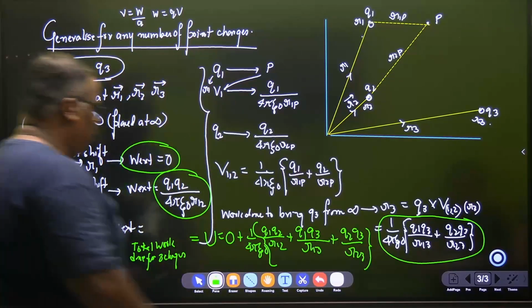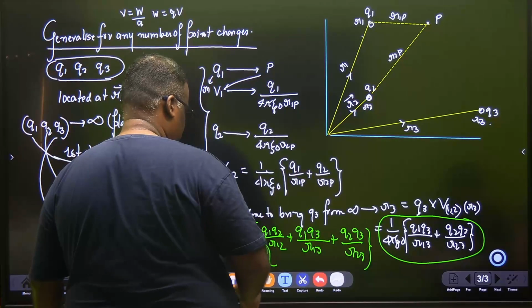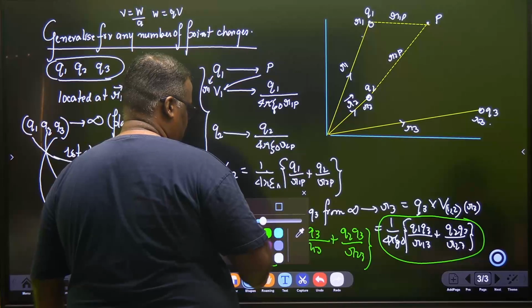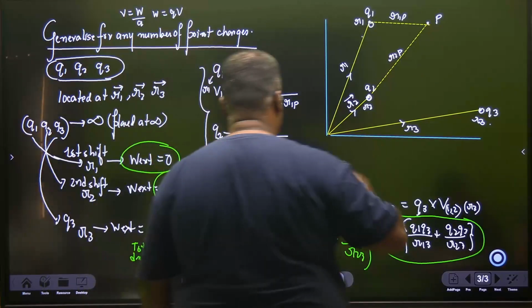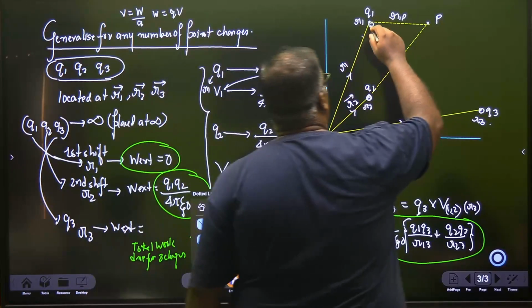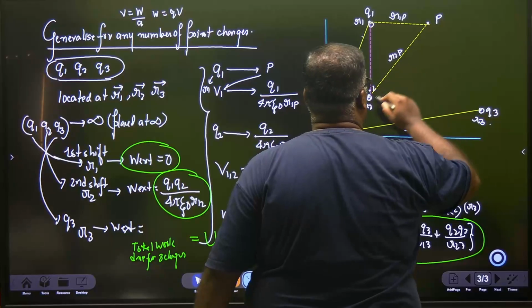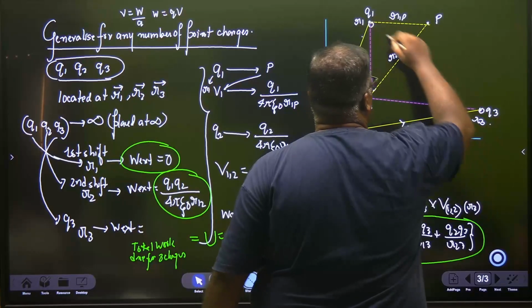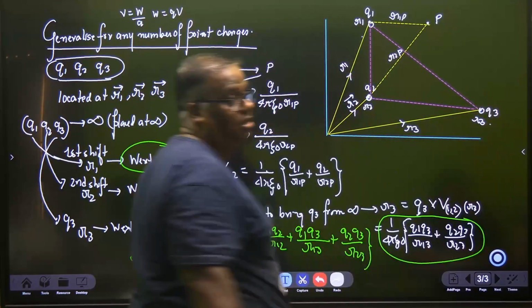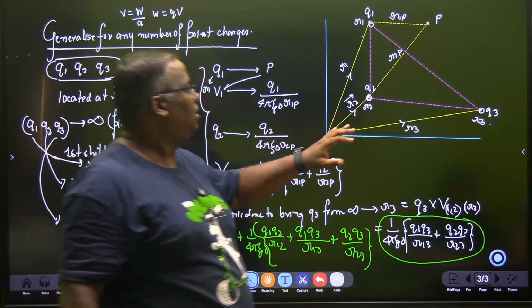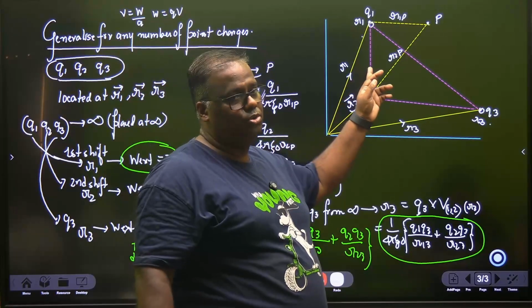Anyways, the configuration we got now is this. Look at the configuration. The configuration is Q1, Q2, Q3. This is your configuration finally. Right? This is R12. Look here.